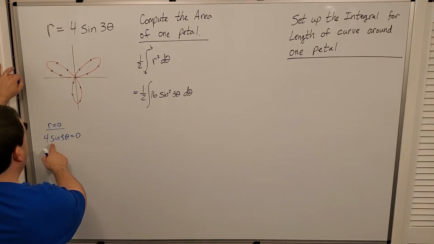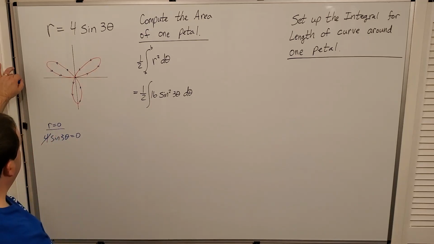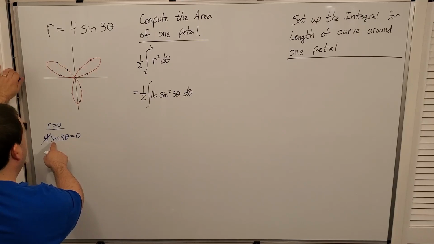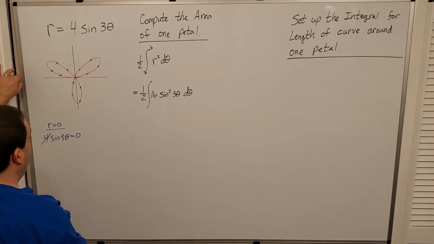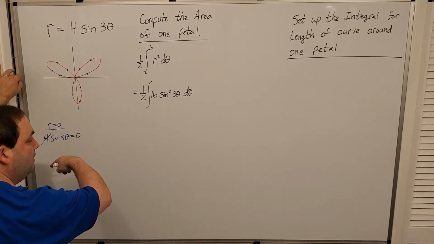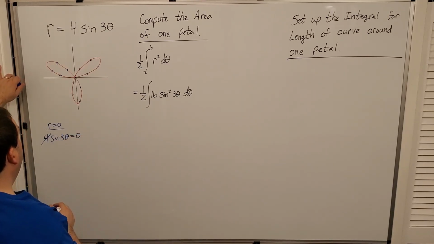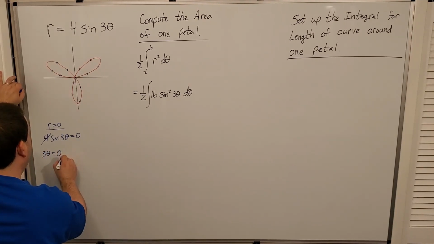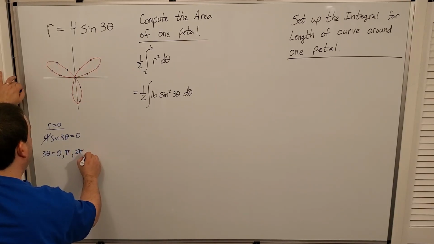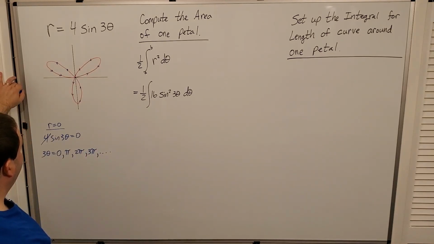And therefore I'm really just looking for where the sine 3 theta is equal to 0, right? Okay, so sine is 0 at 0 and pi, and then 2 pi and 3 pi and so on. So 3 theta would have to equal 0, pi, 2 pi, 3 pi, so on and so on.